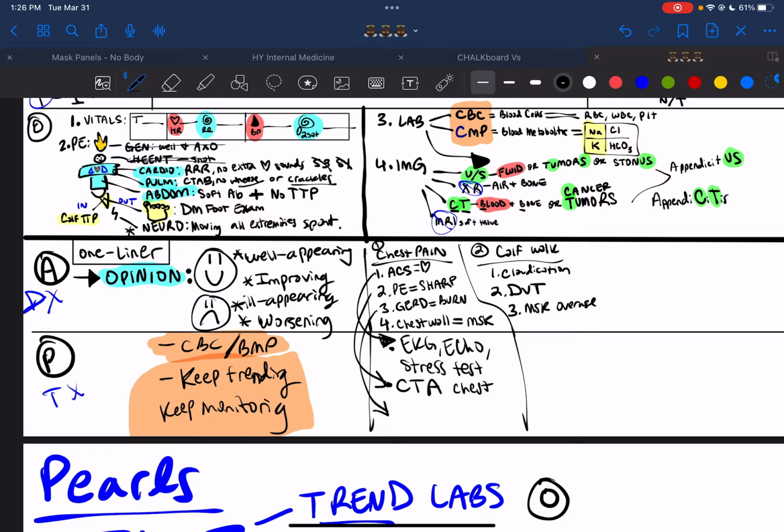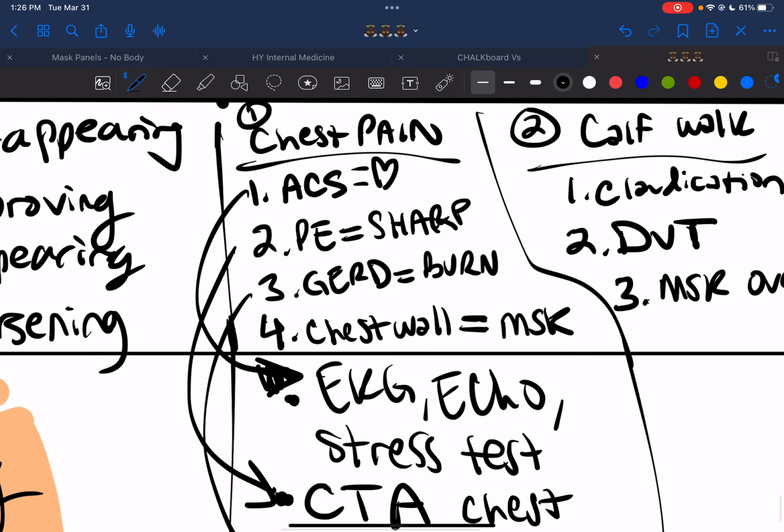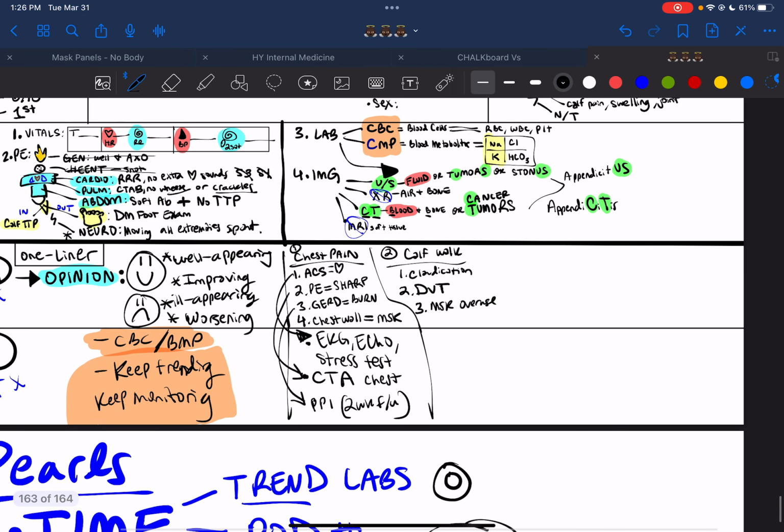In case it's reflux, I want him to try a PPI like omeprazole and see him back in a couple weeks. If that helps, then we can think it was probably reflux causing the chest pain. For the chest wall pain, I can ask him to try physical therapy.